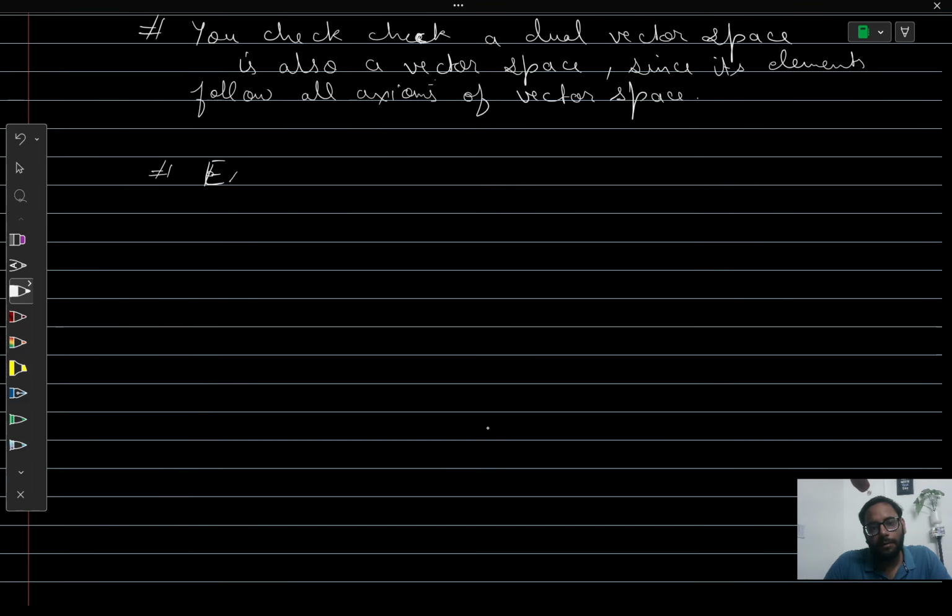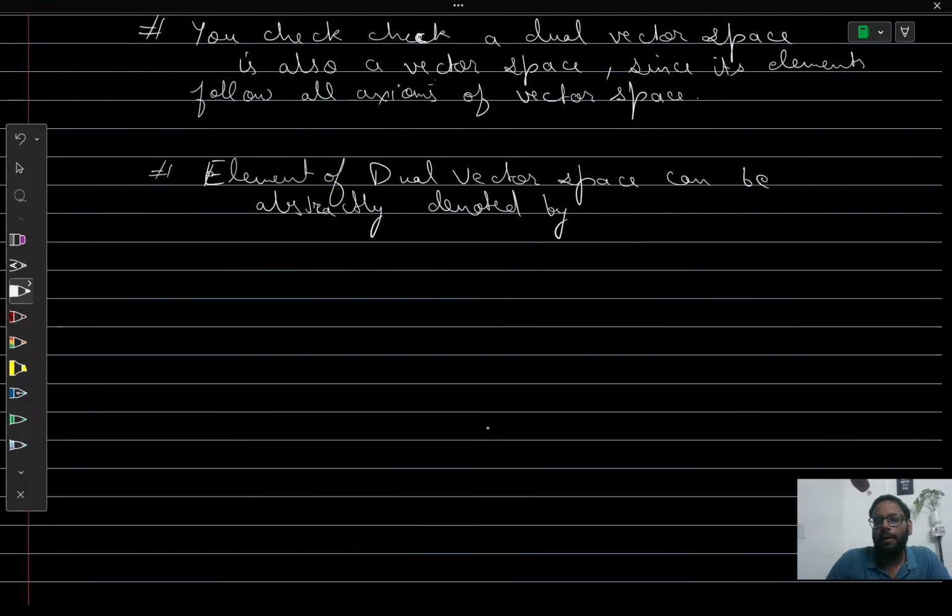elements of dual vector space can be abstractly denoted by a bra, that is like this.